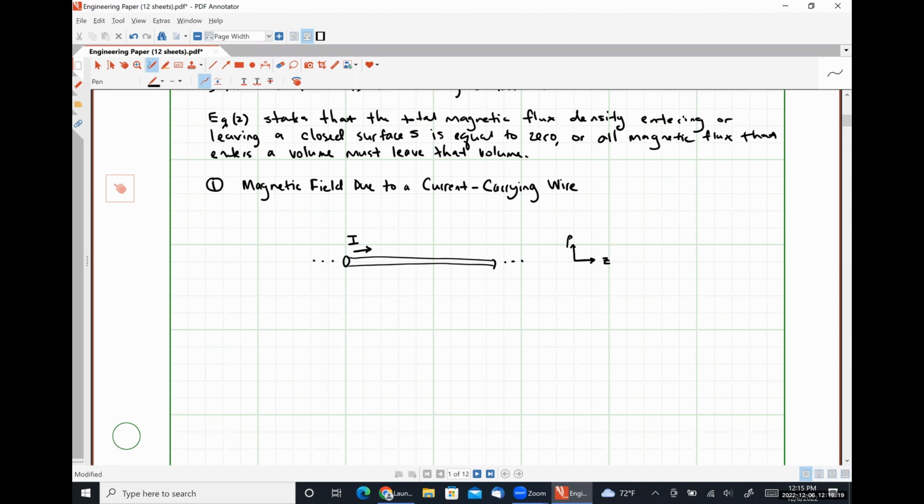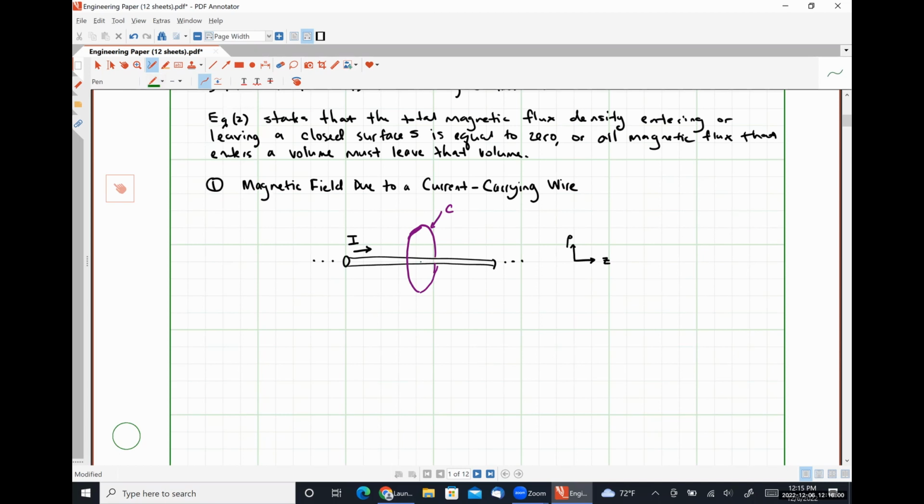Since this system has cylindrical symmetry, because our wire is just a long cylinder, we are going to choose a contour that is uniformly distant from the wire. So I'm going to say arbitrarily that the contour from my line integral is going to be this loop. This is my contour C.